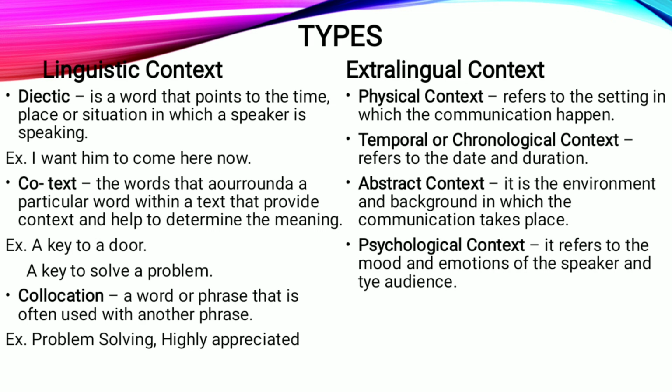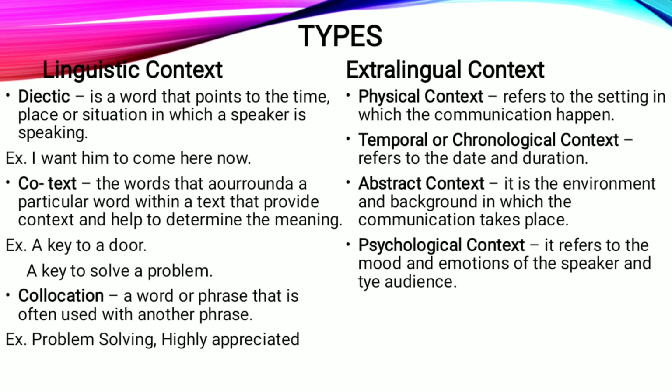So now let's proceed to the types of linguistic and extralingual context. For linguistic, first is deictic. Deictic is a word that points to the time, place, or situation in which a speaker is speaking. It refers to a word or a phrase that talks about time, the place, and the situation.